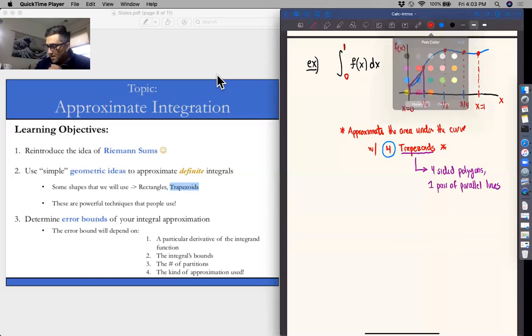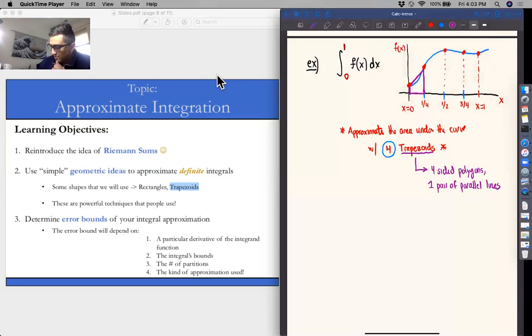Now, mind you, we know the value of the function at those dots because we're given the function itself inside of this integral. So we have almost all the information we need to actually compute the area of that trapezoid in that first partition.